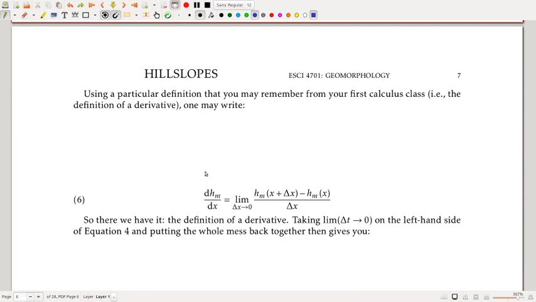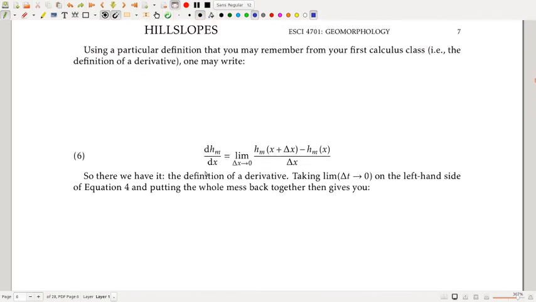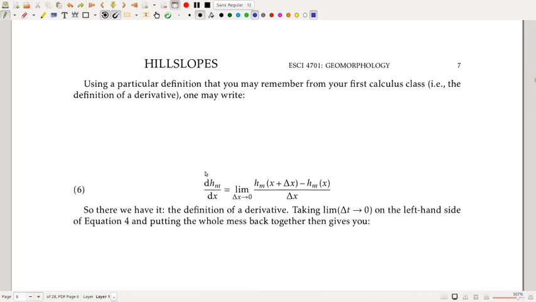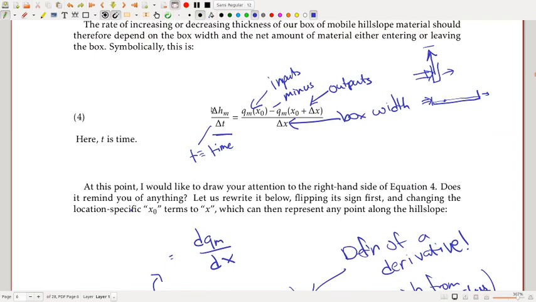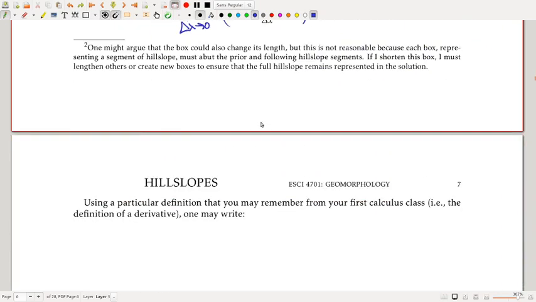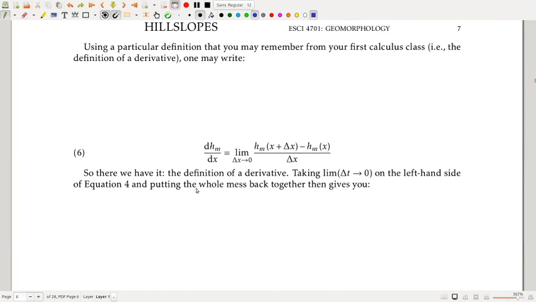So here we are. If I'm trying to understand the difference in h sub m over dx, so we have dh sub m dt, but then this is dq sub m over dx. So I believe, let's just scribble this whole thing out.